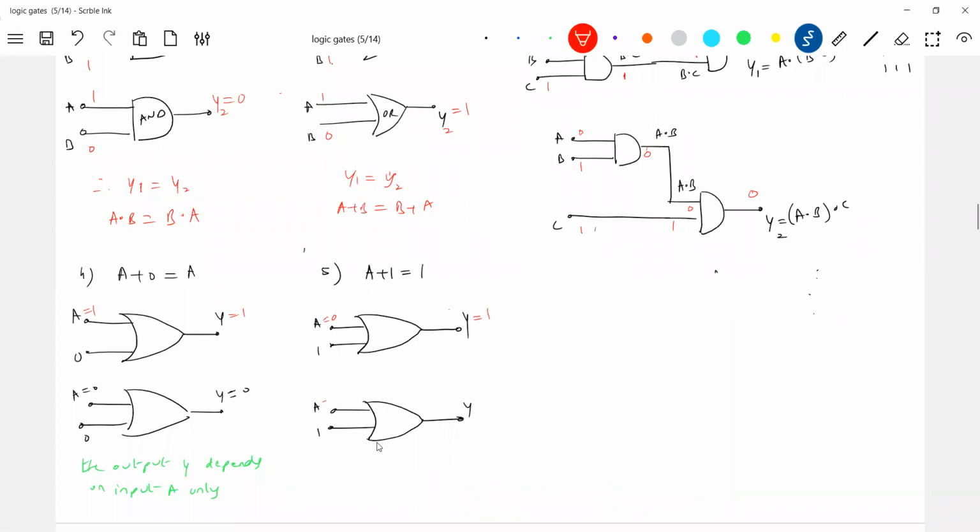If you make A equal to 1, 1 plus 1 will be 1. So now the output depends on what? Depends on the input 1 only. It is independent of A. So therefore A plus 1 should be 1. That's all. The logic is designed like this. So therefore what we write, A plus 1 is 1.